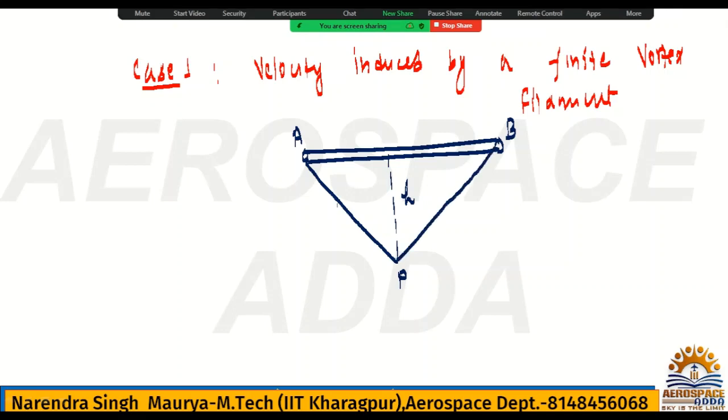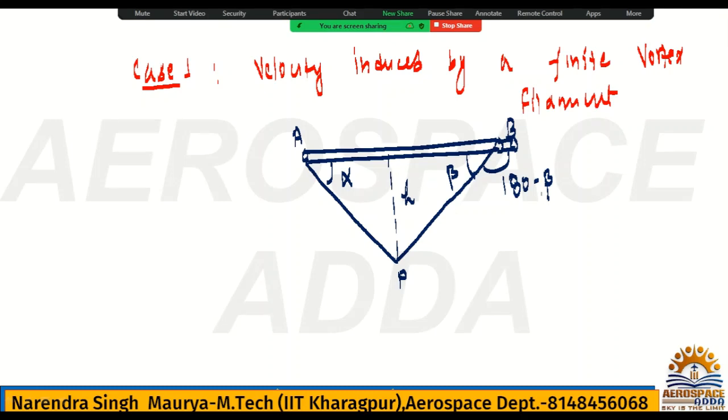If I say this angle is alpha and this angle is beta, then definitely this angle will be 180 minus beta. There should not be any doubt.